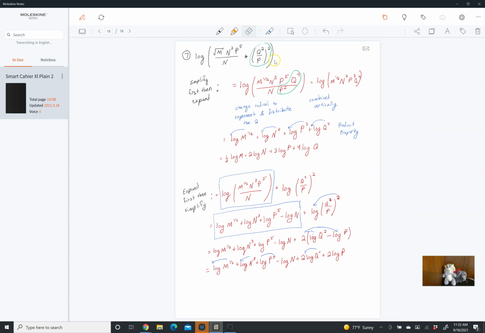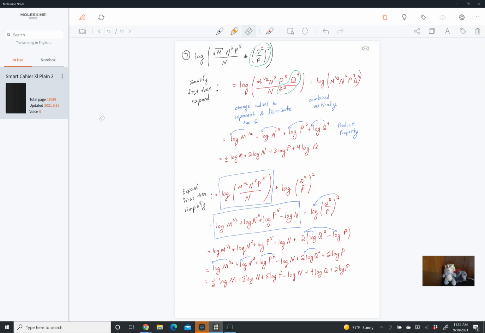Okay, almost there. That gives us 1/2 log m plus 3 log n plus 5 log p minus log n plus this becomes 4 log q, you're multiplying, plus 2 log p.